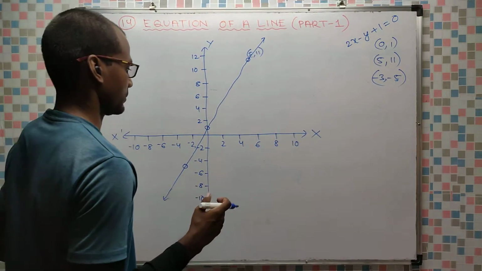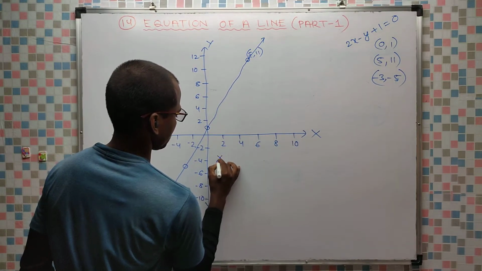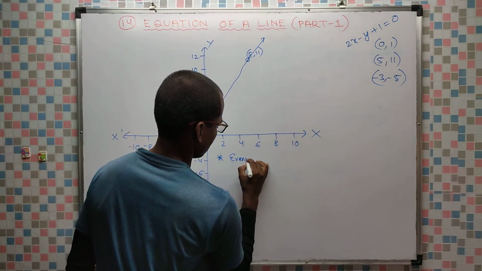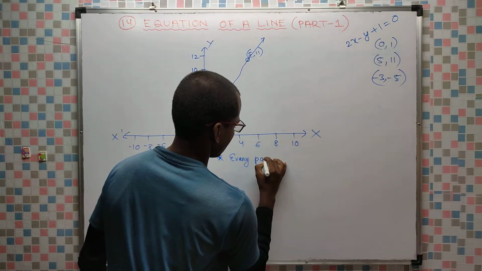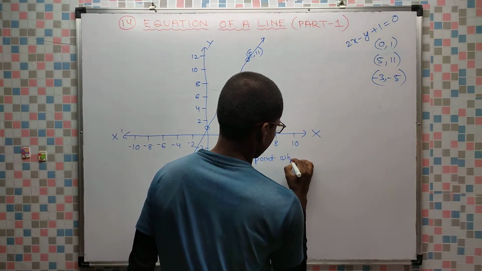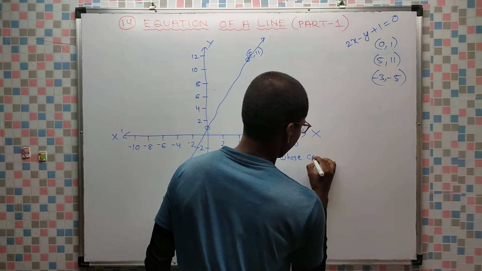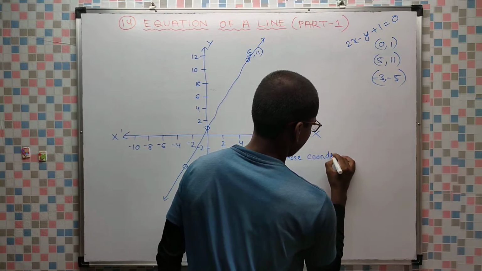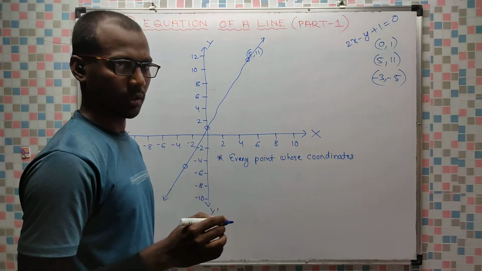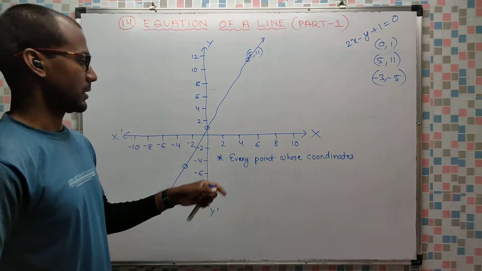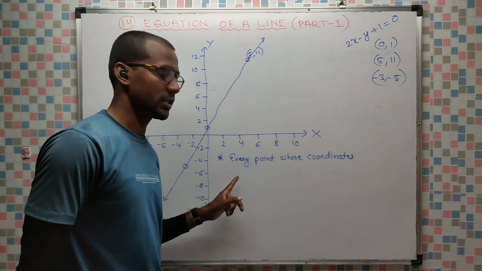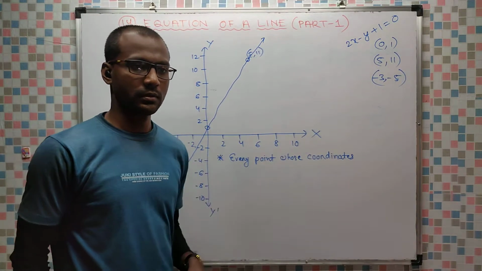Now some more important concepts on which this chapter is based. First, I am writing here: every point whose coordinates satisfy the equation lies on the line. This point is very important, an extremely important point. The whole chapter is based on this point and the next point, 2 points.